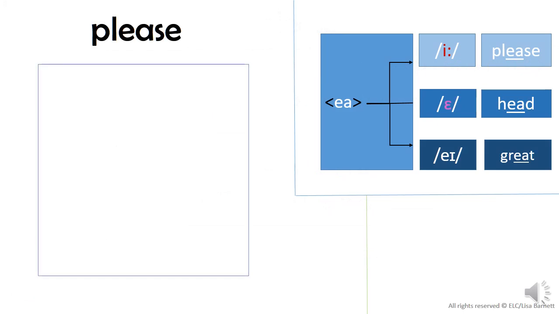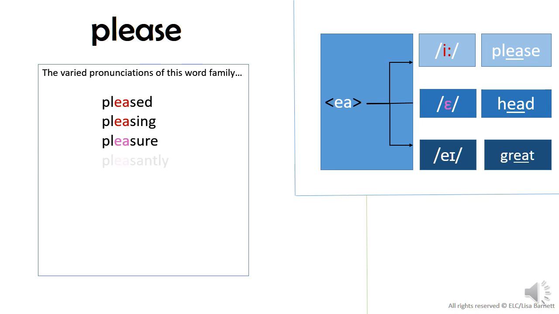In this slide, you're seeing three representations of the digraph EA. It says E as in please, E as in head. We've seen those two, but it can also say A like in the word great. The varied pronunciations in this word family, please, pleasing, you're hearing the EE, in pleasure, in pleasantly, and so forth.